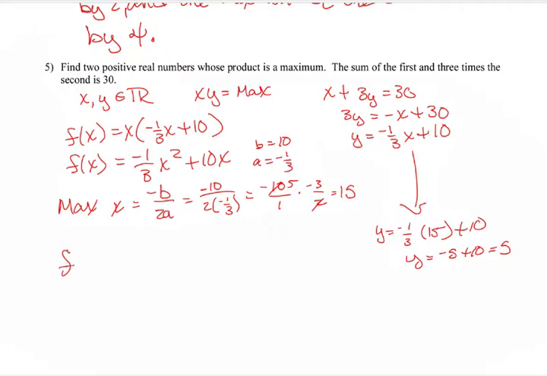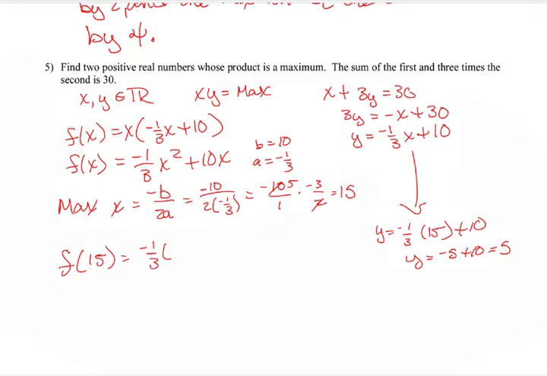Going back here, if I find f of 15, then I get negative 1/3 times, holy cow, I really don't want to have to find that out.